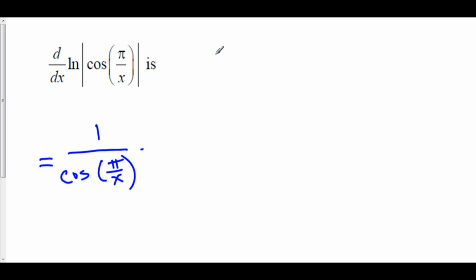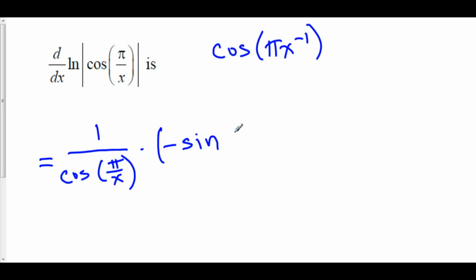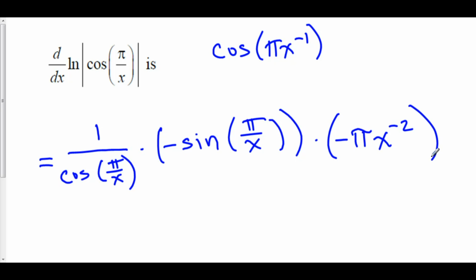Now, this pi over x in here, this is really pi x to the negative 1. Let's consider that. So we have the derivative of cosine of stuff is negative sine of stuff, that's pi over x, times the derivative of the stuff in here.